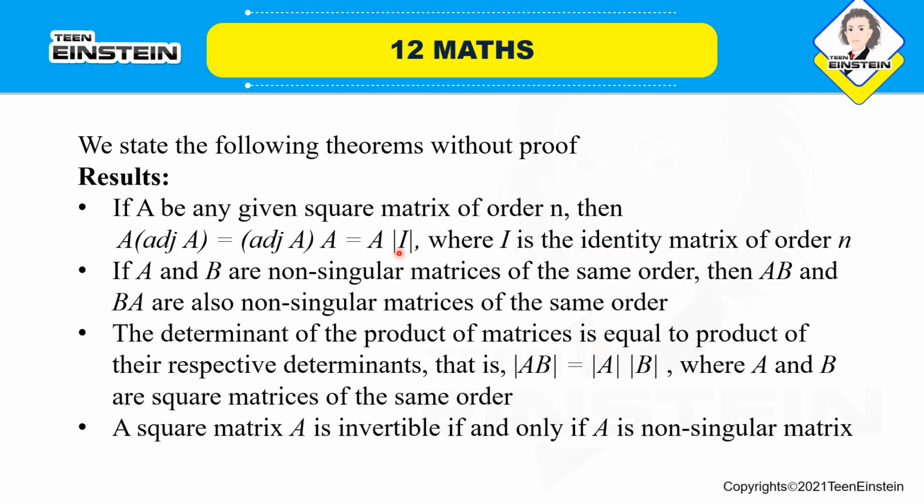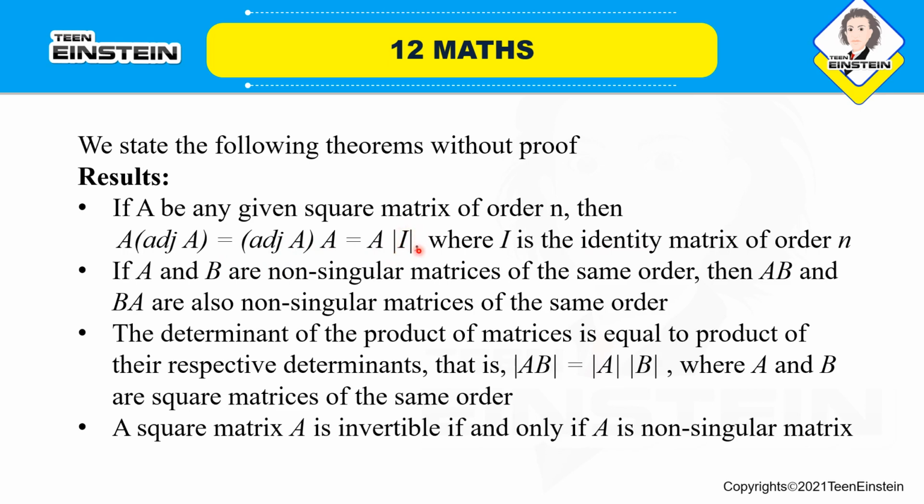What is the given statement here? A is any square matrix of order n. A should be a square matrix of order n. That means in the given matrix, the number of rows must be equal to the number of columns. Then we can define like this: A into adjoint A, the product of A and adjoint A, is equal to, write in reverse order, adjoint A into A, the product of adjoint A and A, is equal to determinant A into I. What is I here?